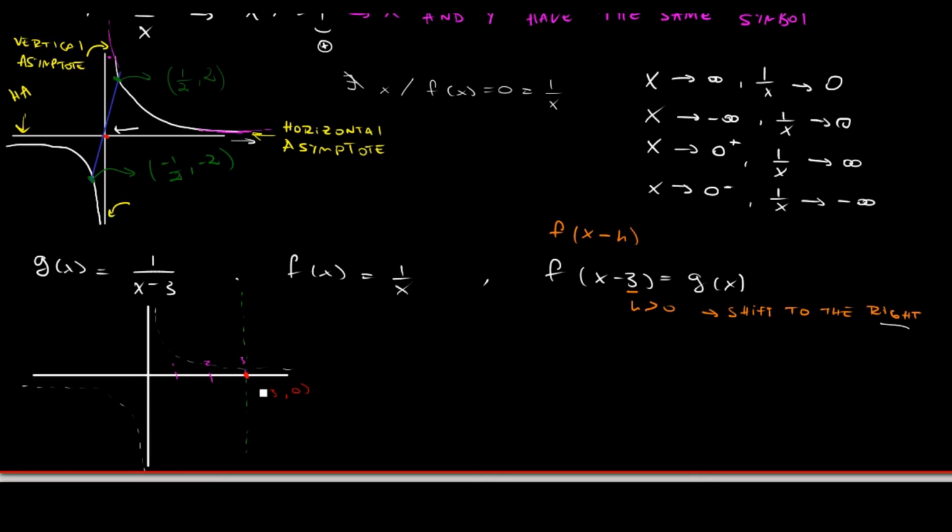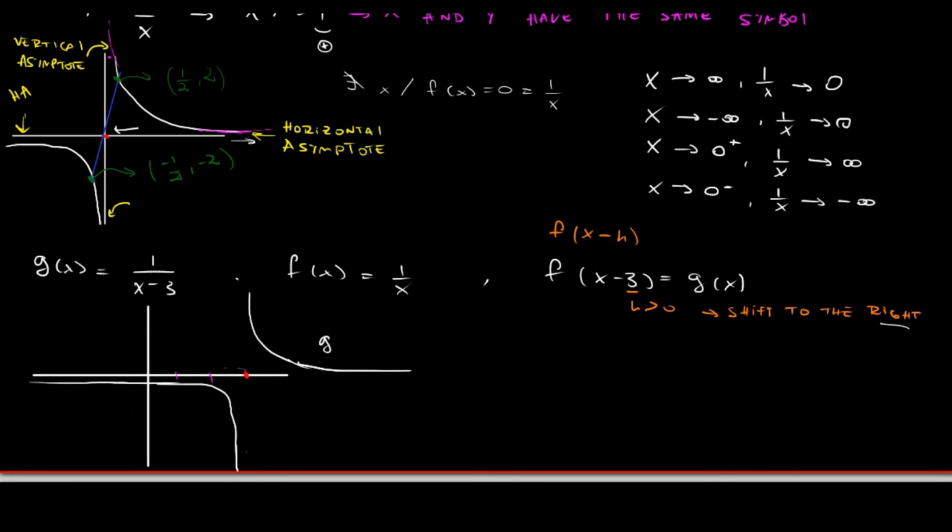So with this, it will be easy for us to draw g. It will be like this. So if now I remove all these other lines we draw, then we get the plot of g.